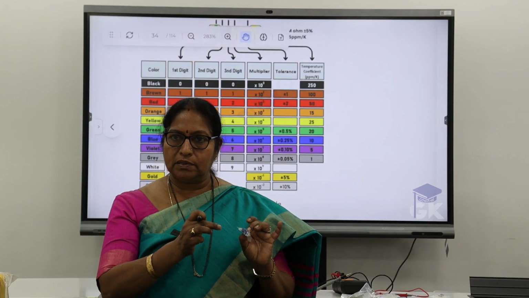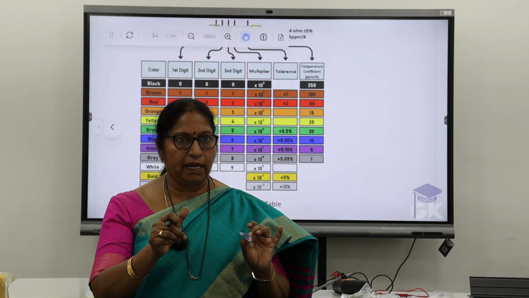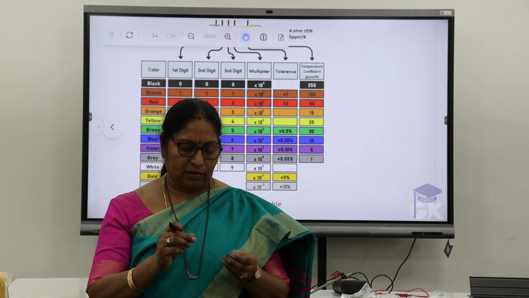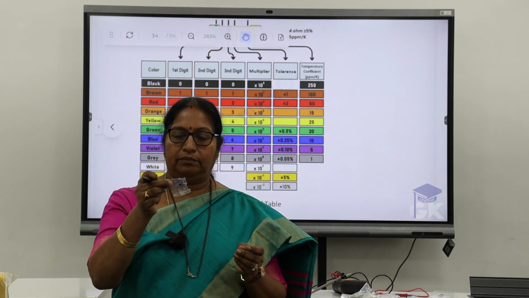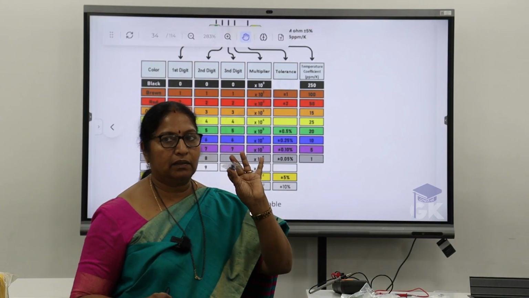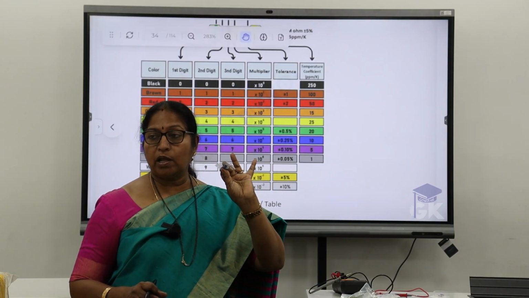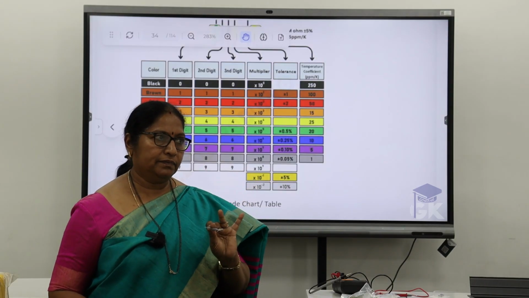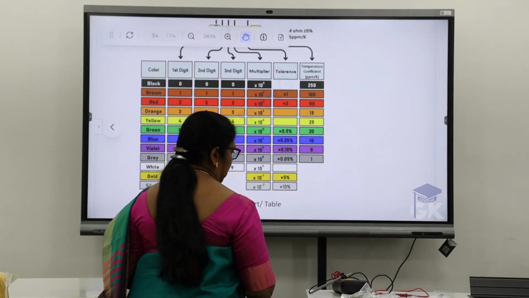If you take one end and the center, you can vary it, tune and vary from 0 up to whatever value is there. So you can check the value of the resistors on the body of the resistor itself, where legend printing will be given. Okay. So this is about the resistors.